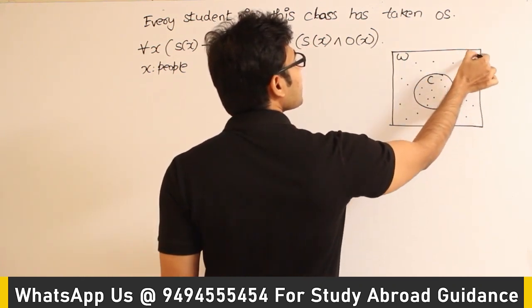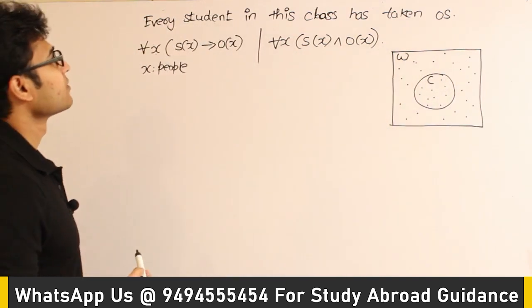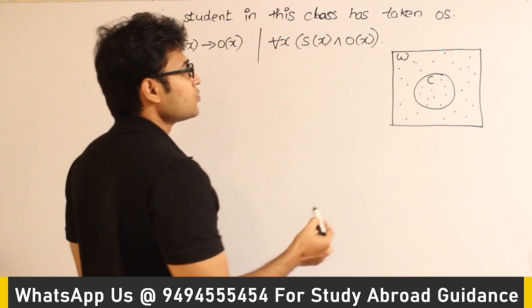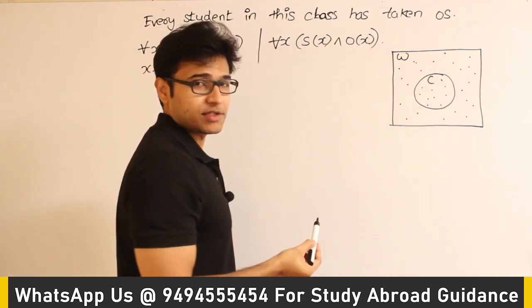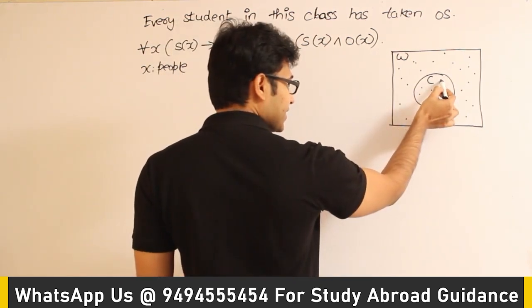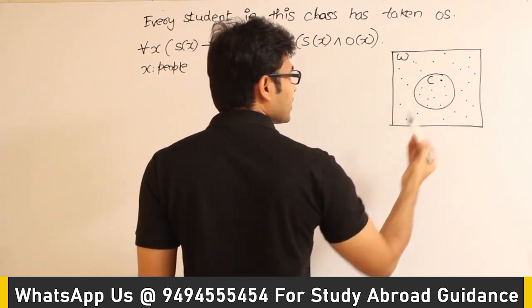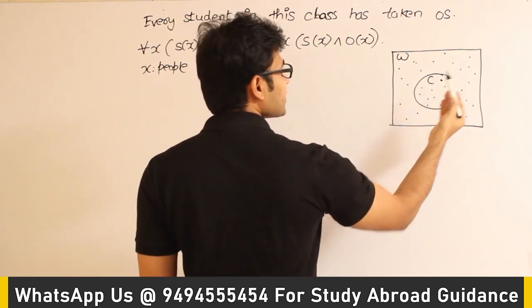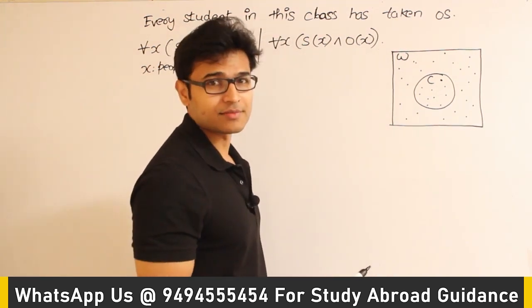Now the problem here is, assume that all the students in the class have actually taken the operating system course, which means everyone present in the class has taken operating system. We don't care about the people who are not present in the class. They might or might not have taken operating system.